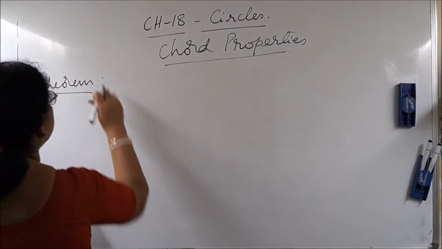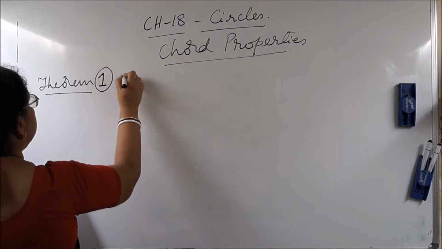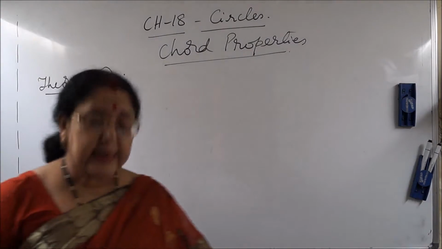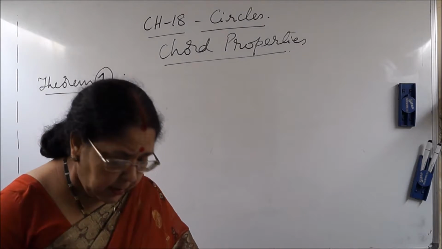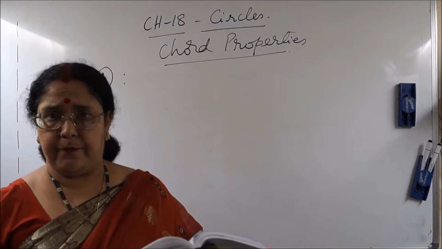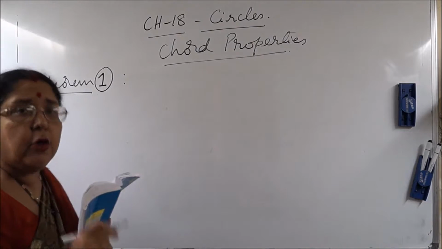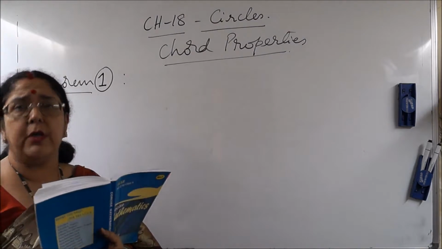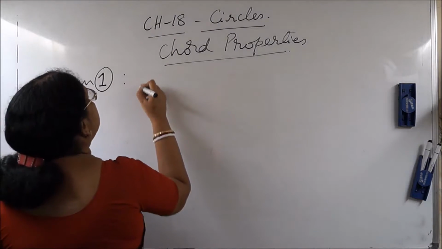Now theorem 1, for our convenience, as I am again mentioning, this number is not fixed. This says a straight line drawn from the center of a circle bisecting a chord is perpendicular to the chord. Let me repeat. A straight line drawn from the center of a circle bisecting a chord is perpendicular to the chord. So let me write the statement.